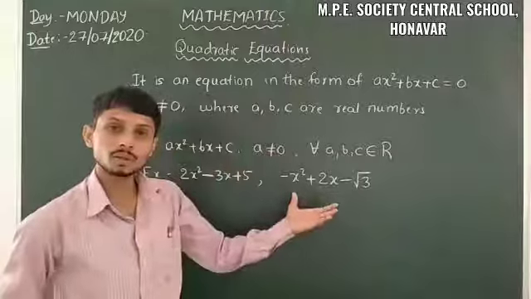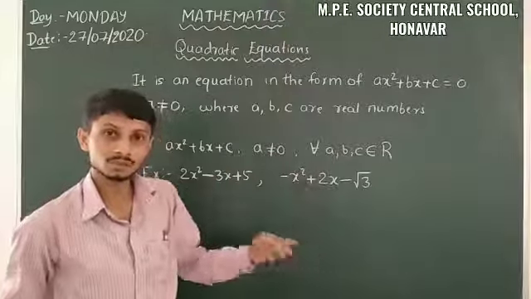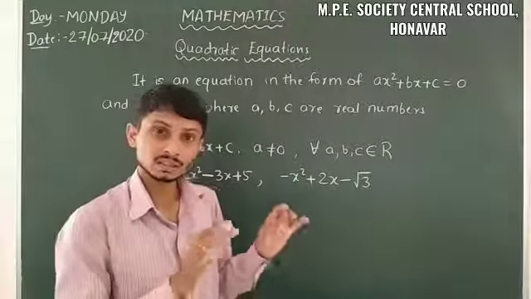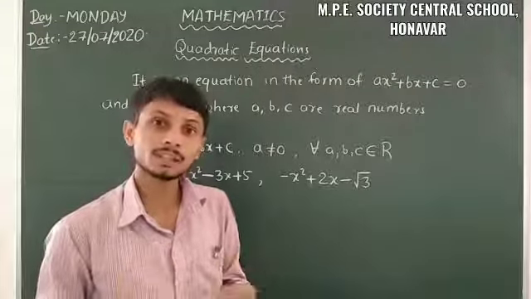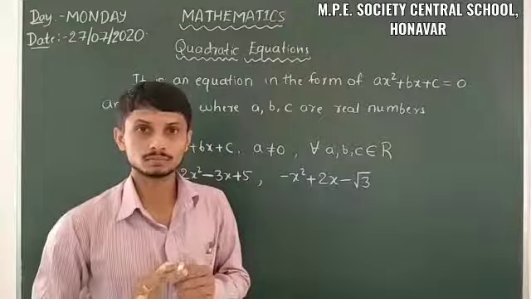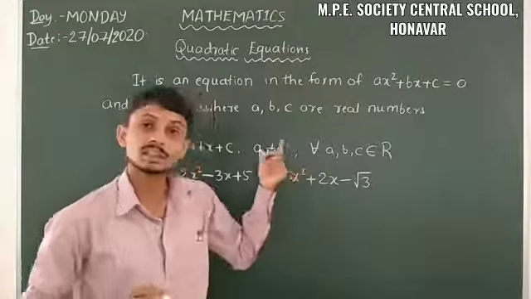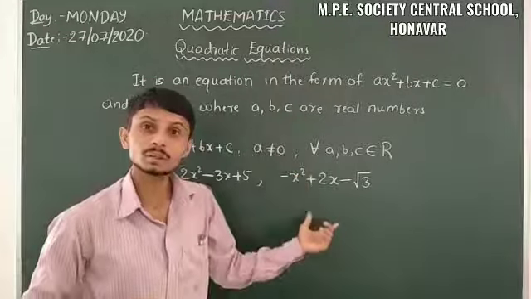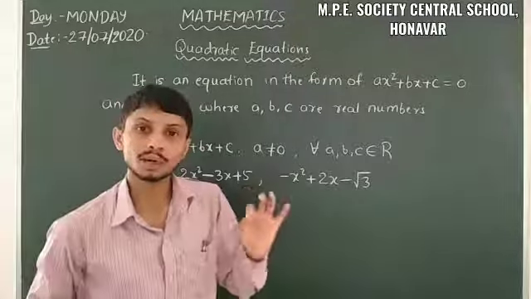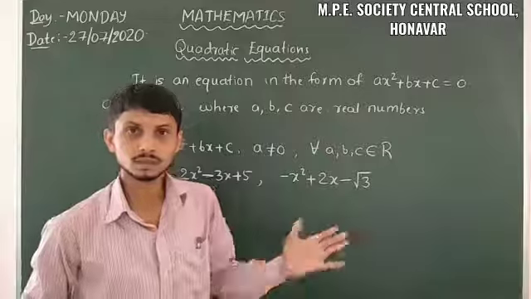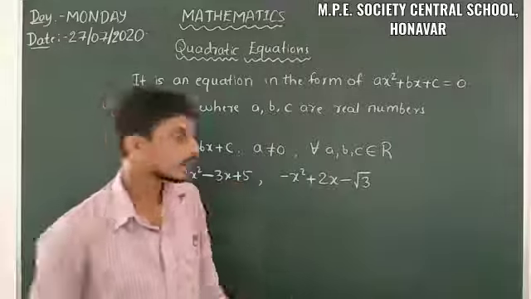This is also a quadratic equation, because we have to consider whether the highest power of the leading term is 2 or not. When the highest power of the leading term is 2, it belongs to the quadratic equations. We can take any other example.